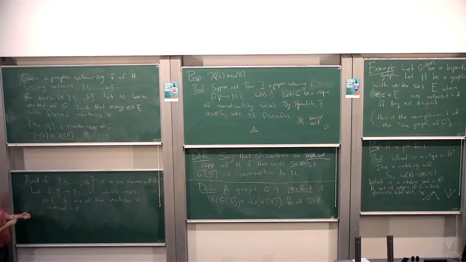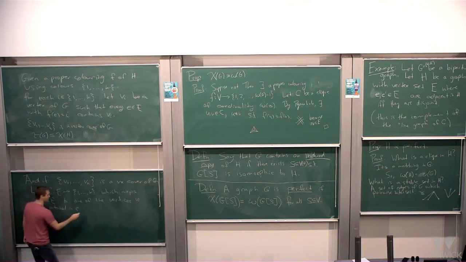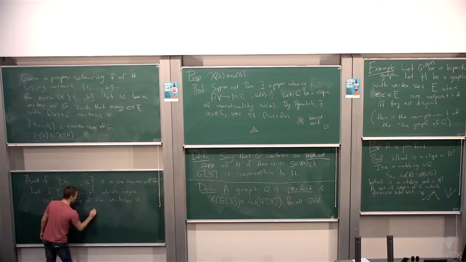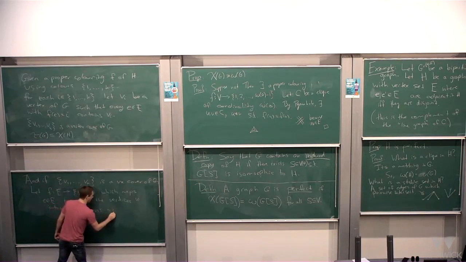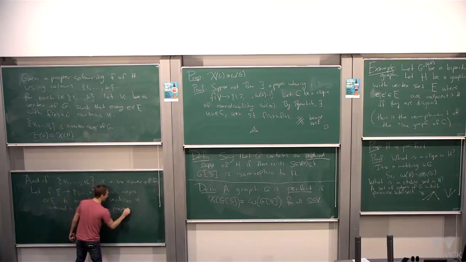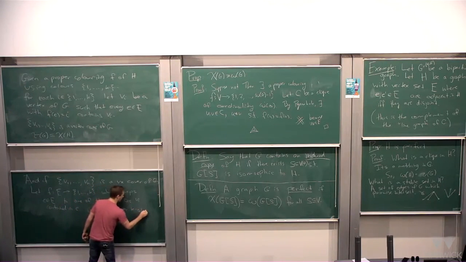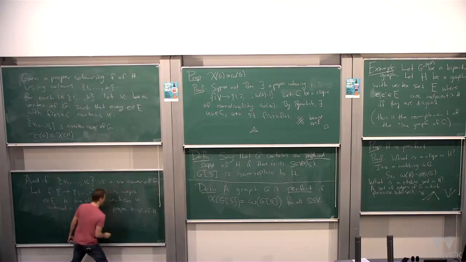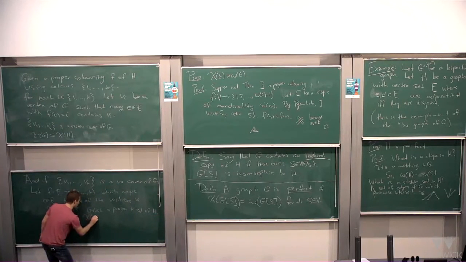If we do this in an arbitrary way, some edges might have just one of these vertices in it, some might have two, but we just pick arbitrarily. And this gives a proper K coloring of H. That proves that chi of H is at most tau of G, and so they're equal.